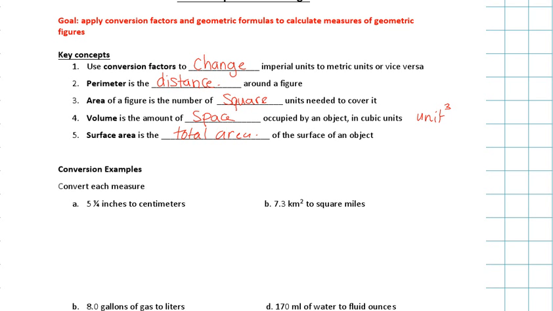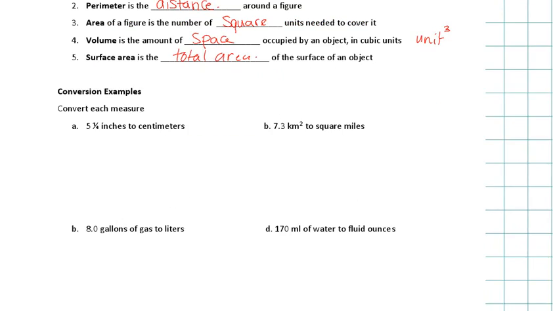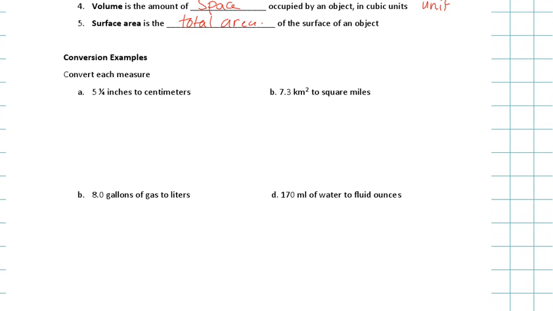So the first one is converting between inches and centimeters. If you look in the table of conversions, you're going to look at the table between imperial and metric, because inches is imperial and centimeters is metric, right? So which one would you use?